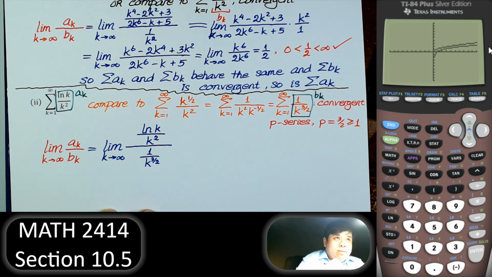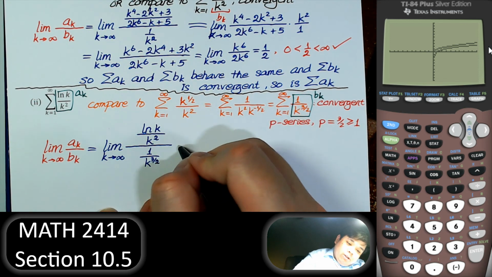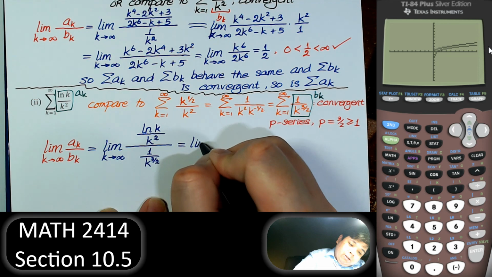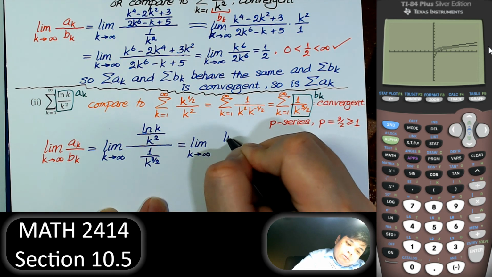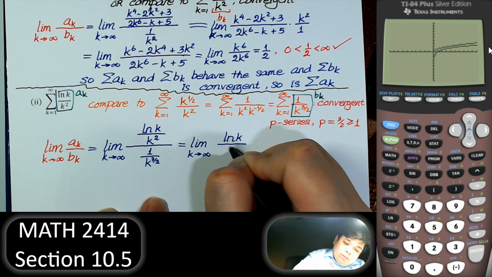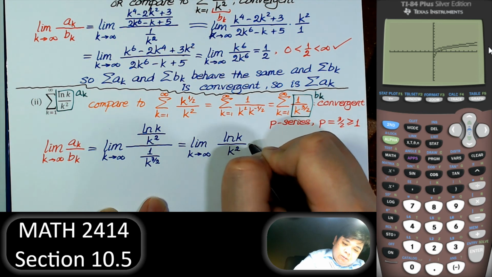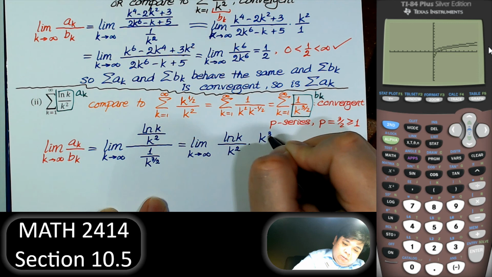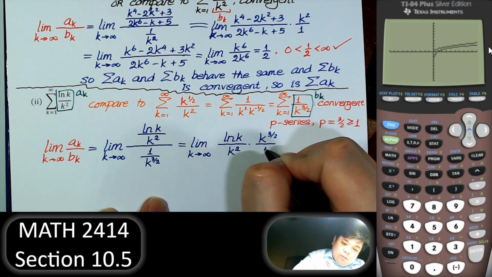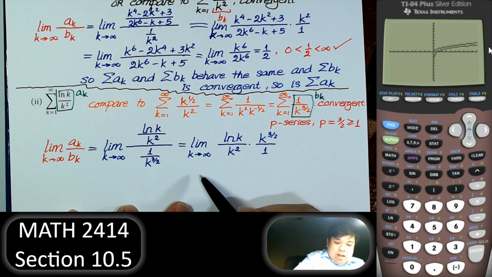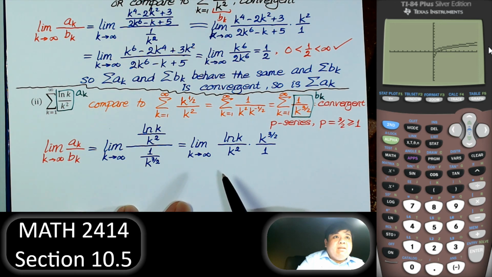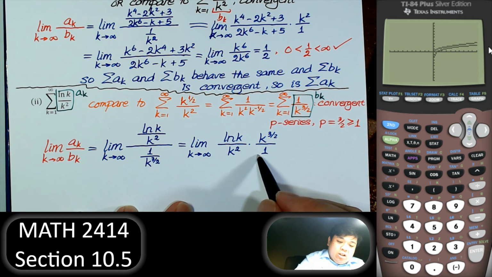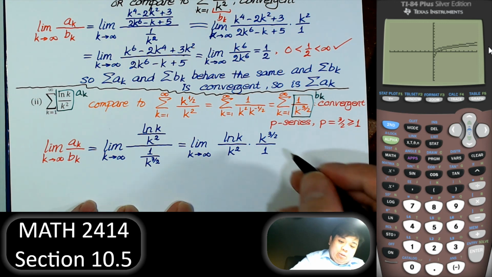Right. Multiply by the reciprocal. And that cancels out, and so we have k to the 1/2 at the bottom. Or I move this to the bottom, it becomes k to the negative 3/2.